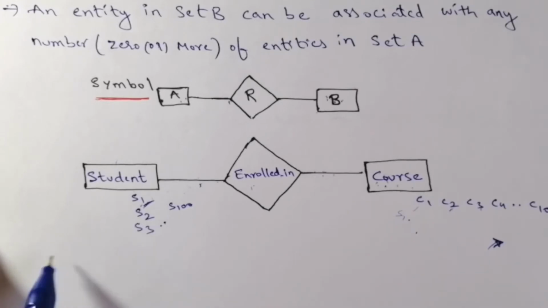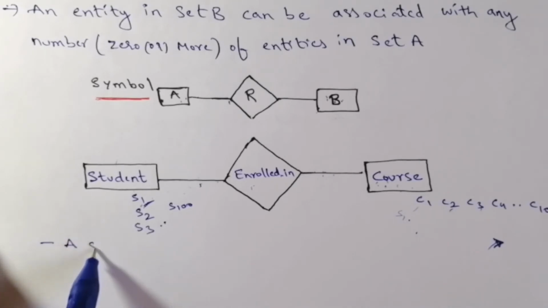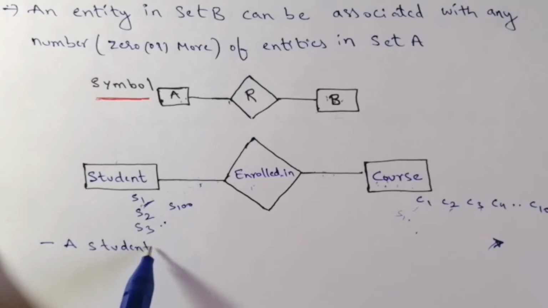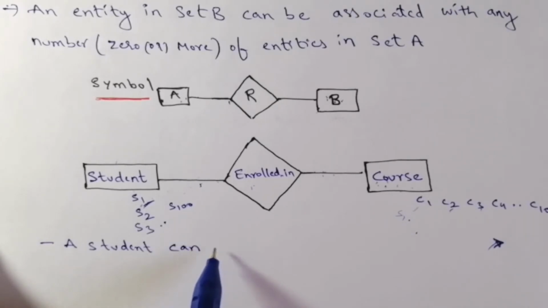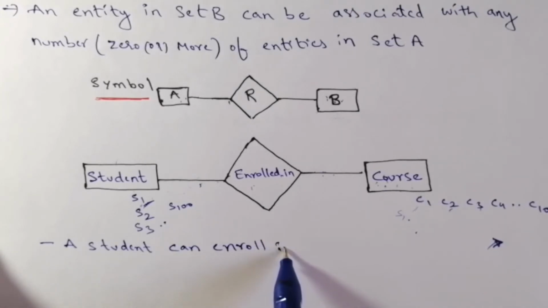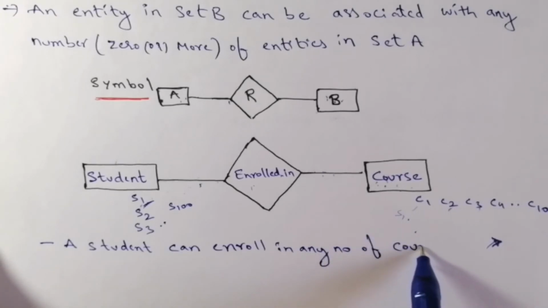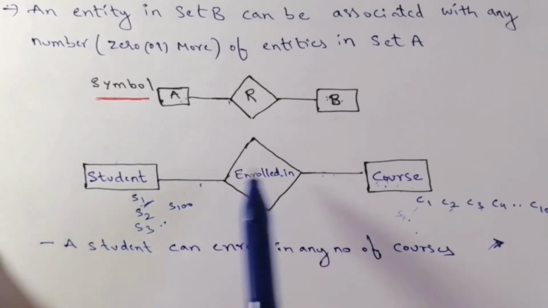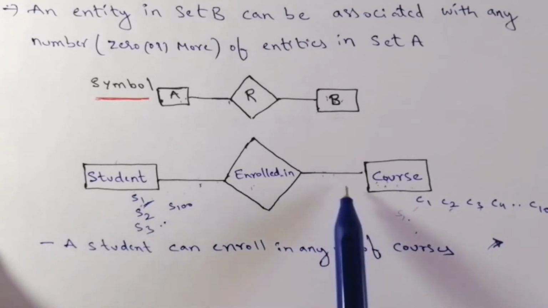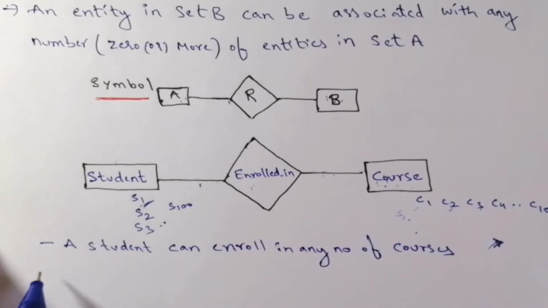So the points we have laid out here: a student can enroll in any number of courses, so a student can join any number of courses, because it is a many to many relationship. In the same way, what is the other point?